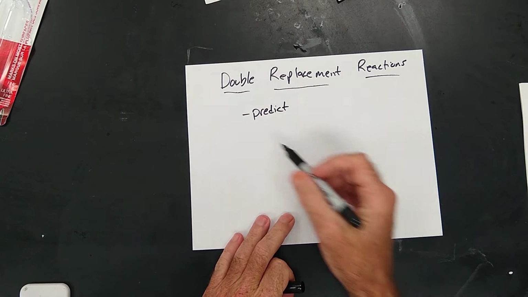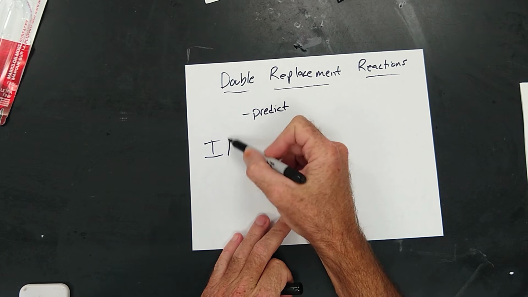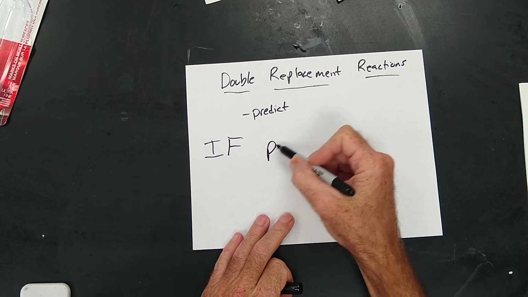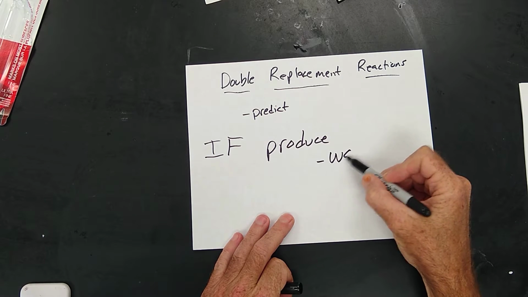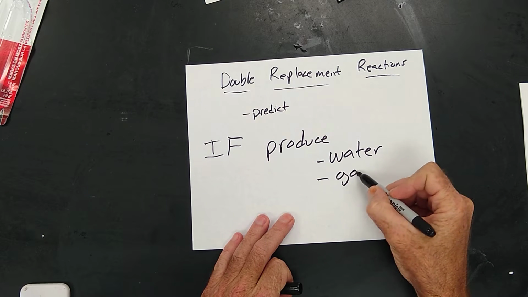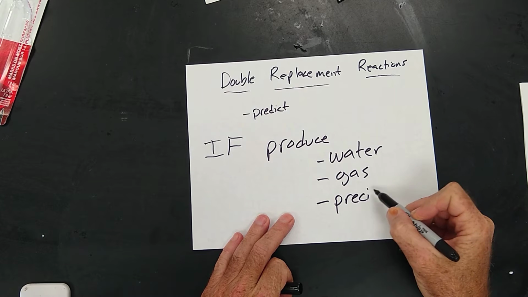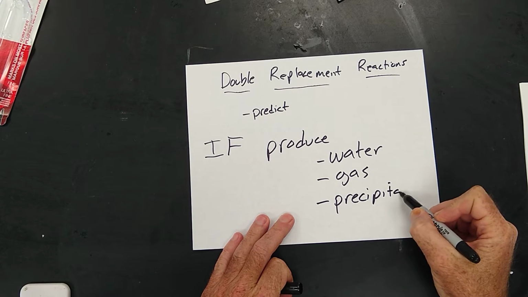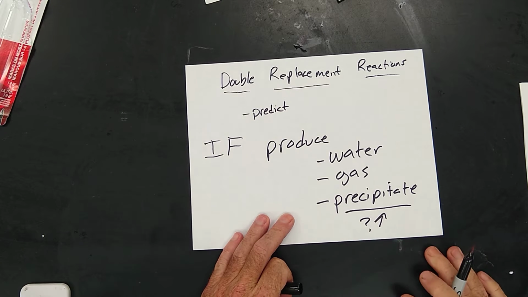happen. Now, double replacement reactions only occur if they produce water, a gas, or a precipitate. And you may be saying to yourself, what is a precipitate?